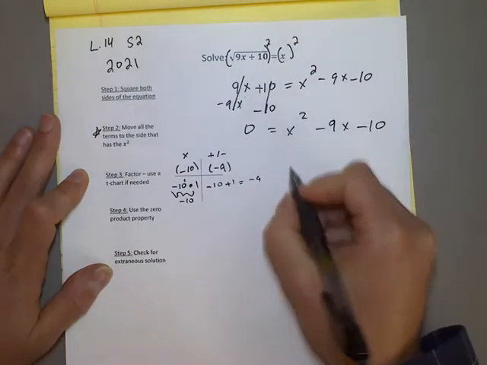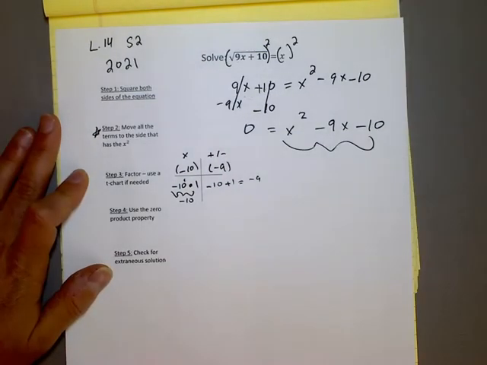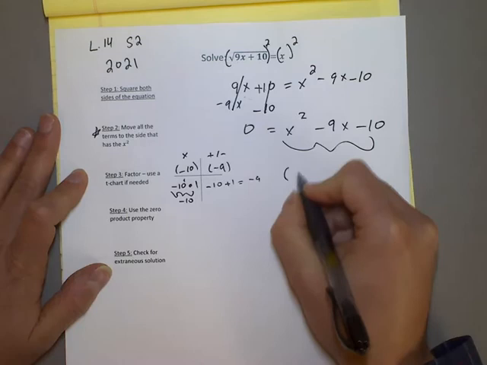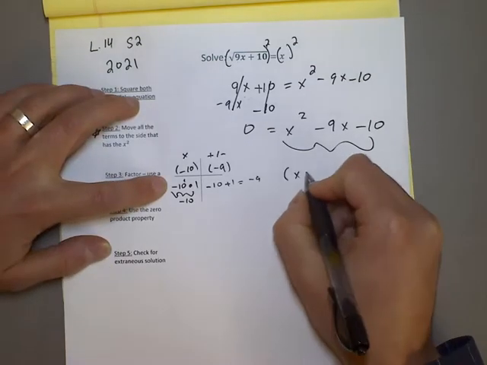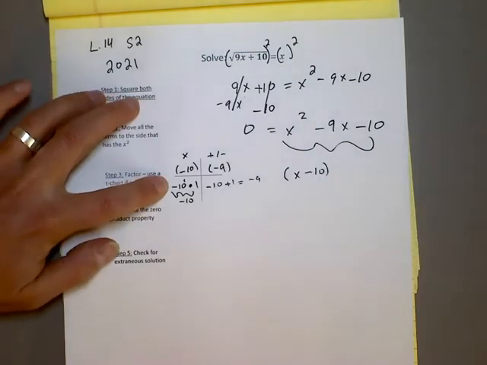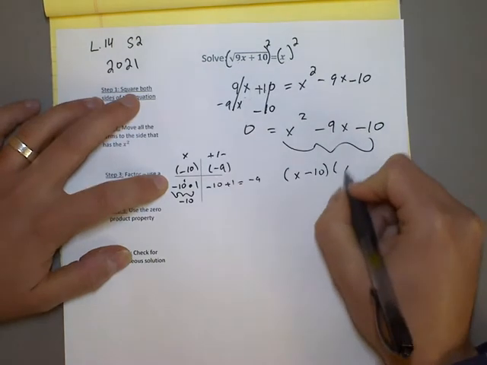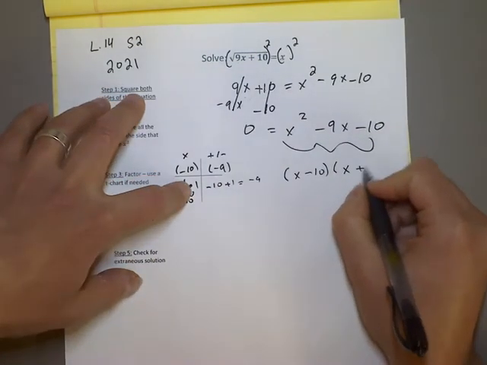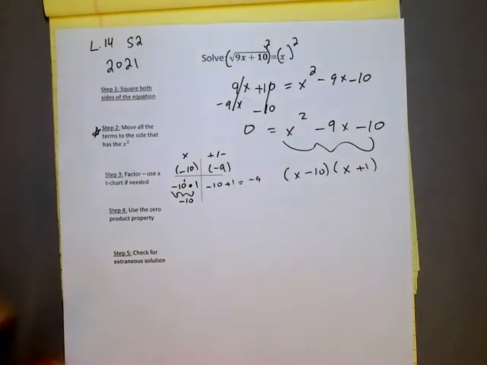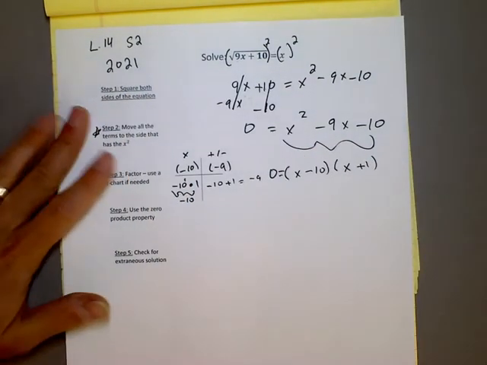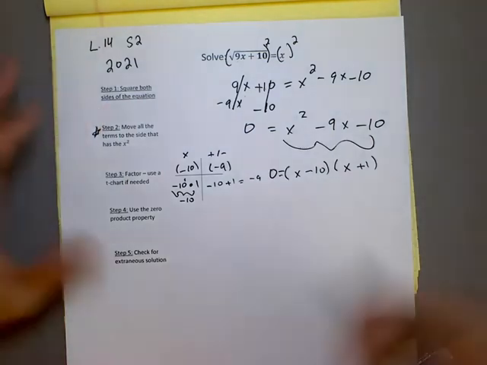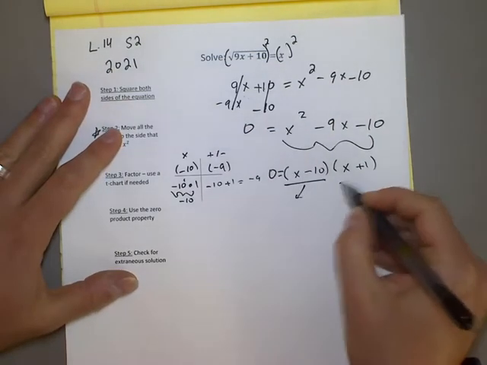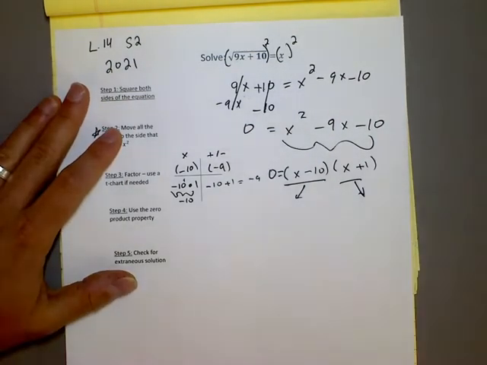So that means my factors, how do I break this down? I can break it down into x minus 10, since this is minus 10. That's going to be one of my factors. And my other factor is going to be x plus 1, since this is positive 1. And I'll set it equal to 0. Now what I'm asking is what numbers would make each of these factors 0.